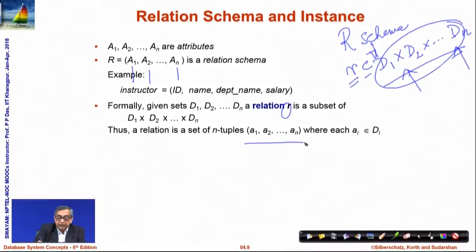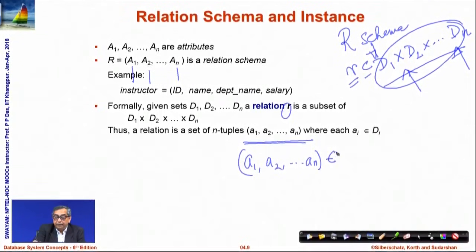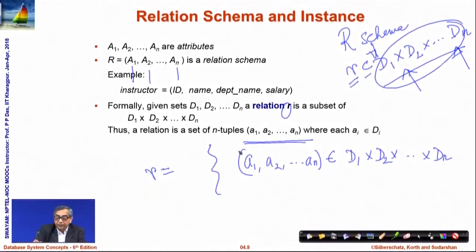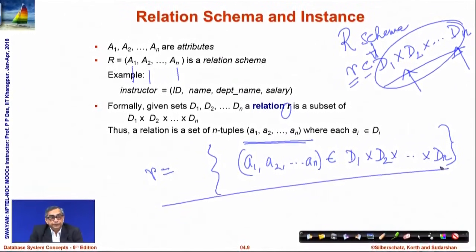So, every record is an n-tuple, an element of this Cartesian product set, and R necessarily is a set of such tuples.